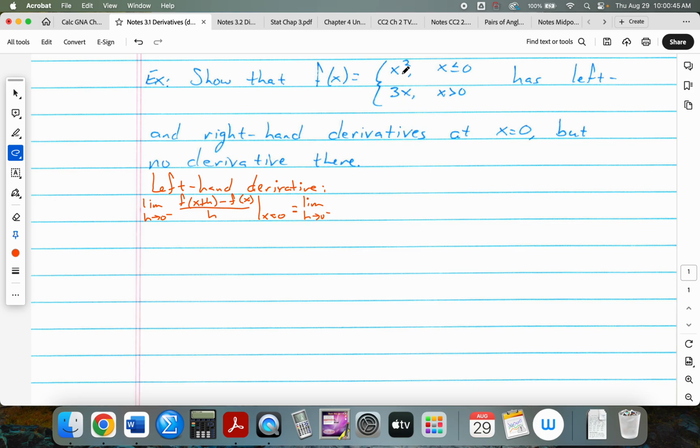So we're looking at the x squared part. So that'll be 0 plus h squared minus, and here this is going to be f at 0. What is f at 0? 0. All over h.